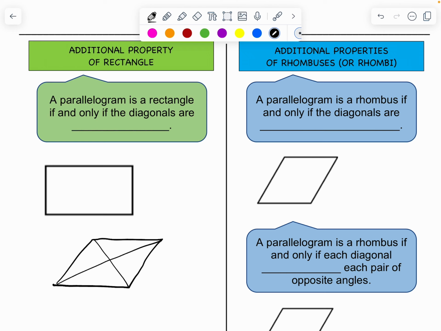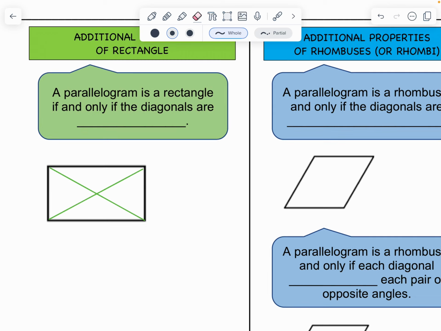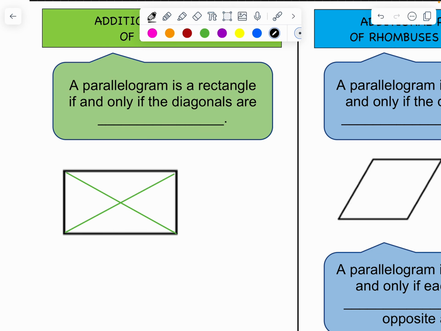But in a rectangle, that parallelogram has been pulled perfectly perpendicular to the ground, right? So now when I draw the diagonals, they're going to be perfectly congruent to one another because my shape isn't tilted to the side anymore. Any shape that's tilted will never have congruent diagonals, right? But rectangles, they're not tilted anymore. They're perfectly perpendicular.